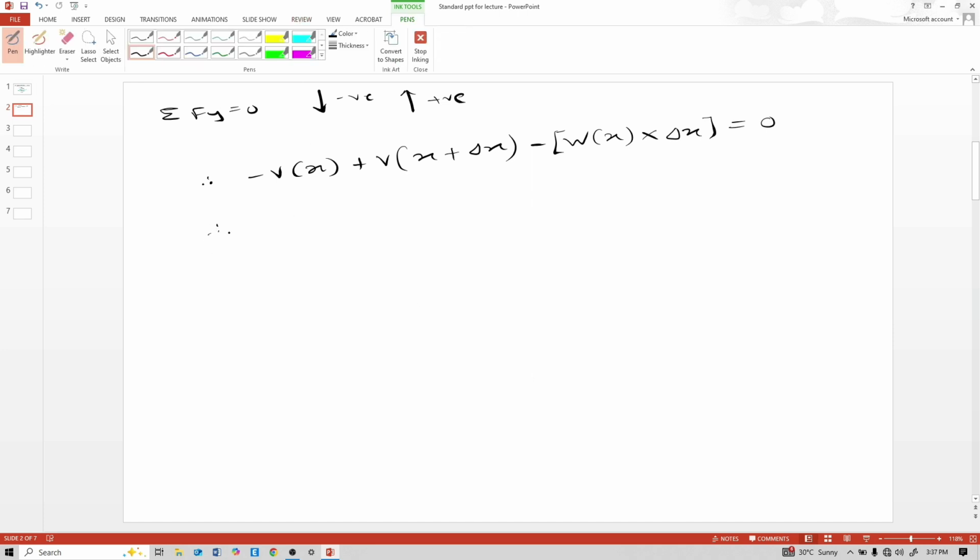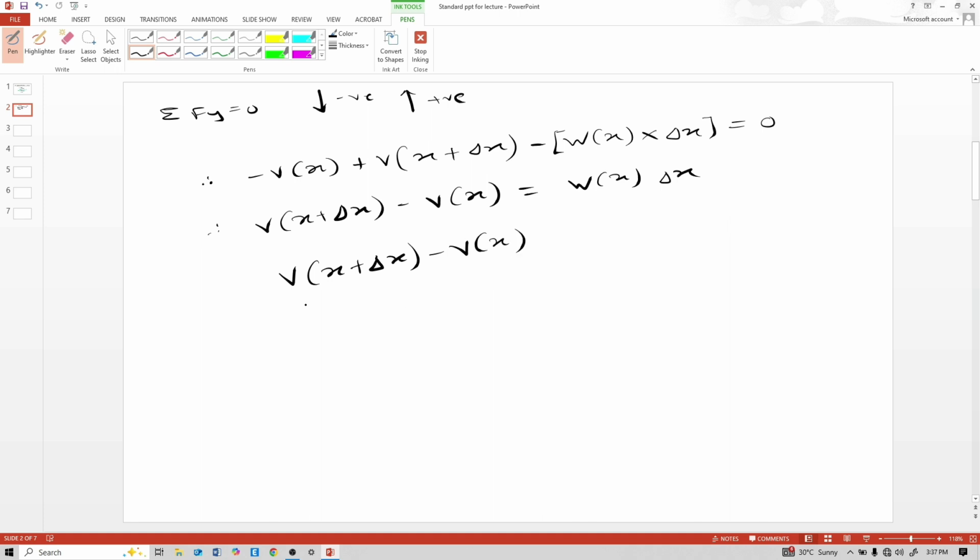Now rearrange it mathematically. This V of x plus delta x minus V of x is equal to W of x delta x. So this delta x, take here in the denominator, W of x. This W of x is the intensity of loading. See here, W of x is the intensity of loading.